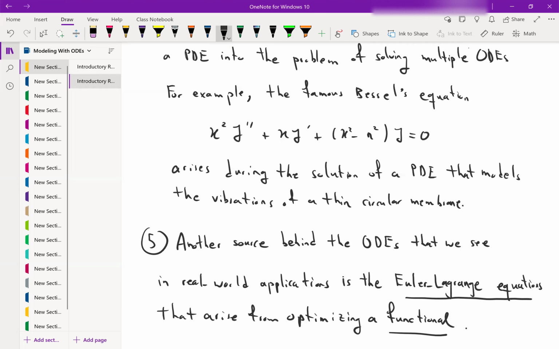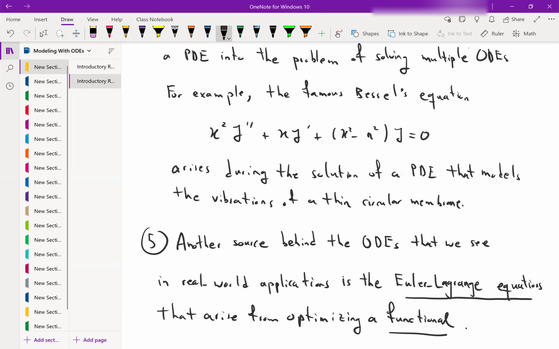All right, so what we did in this video is that I quickly went over some sources behind the ODEs that appear in real-world applications. One source was the mere fact that we can interpret derivative as the rate of change. Another source was Newton's second law of motion. Another source was conservation laws. That should make sense.